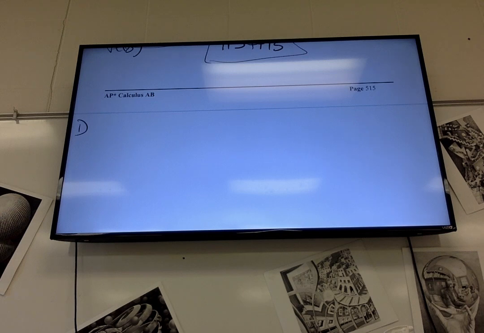At what times in the interval 0 to 18, if any, is the car's velocity equal to 0? Justify your answer. The car's velocity. No, that's the acceleration.